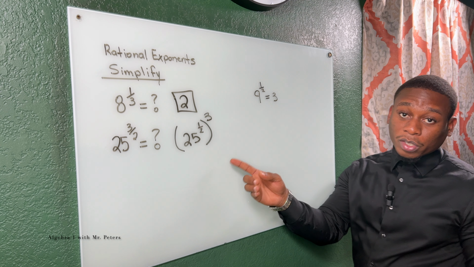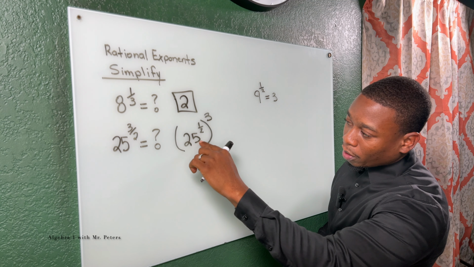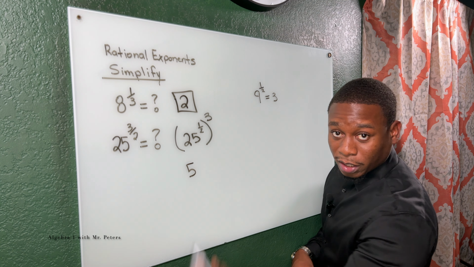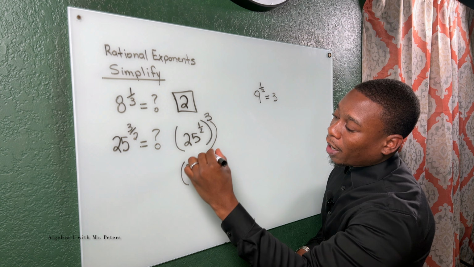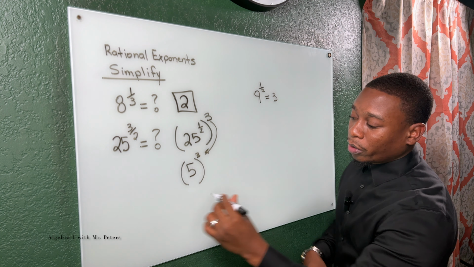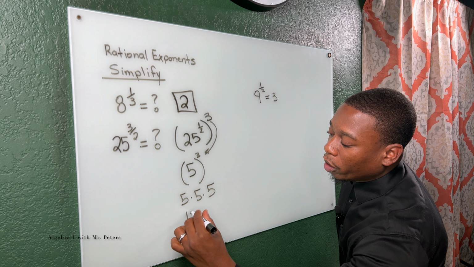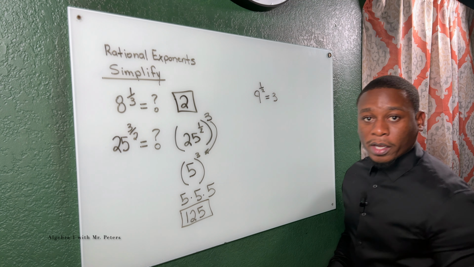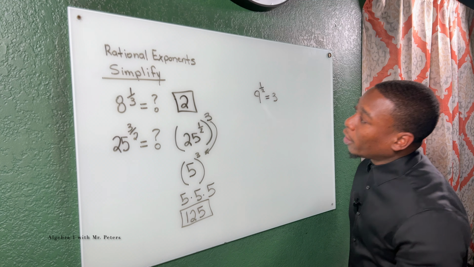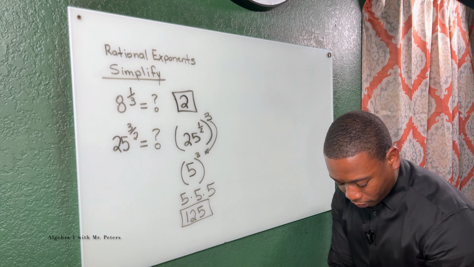So if I was trying to solve this problem using the properties of rational exponents, this would turn into 5 because that's the square root of 25. And then when we apply this outside exponent to the 3rd power, we should know our answer is just going to be 125.